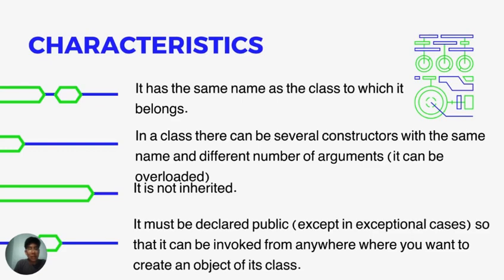In a class there can be several constructors with the same name and different number of arguments. It is not inherited. It must be declared public except in exceptional cases, so that it can be invoked from anywhere where you want to create an object of its class.